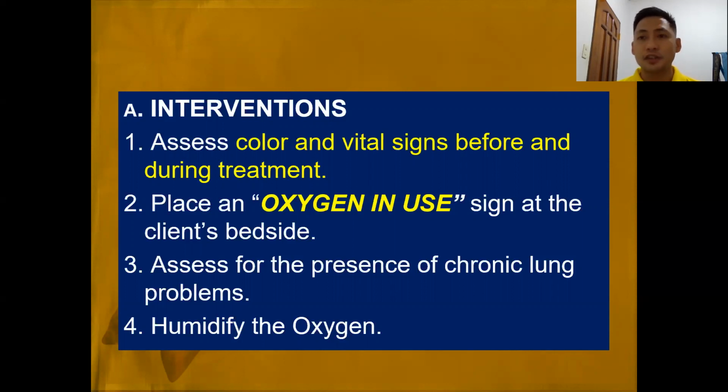Don't forget for COPD patients, the maximum liters per minute is only 2. Again, for a COPD patient, the maximum is only 2 liters per minute because the primary trigger for their breathing is the low oxygen, not the carbon dioxide level in the blood anymore.